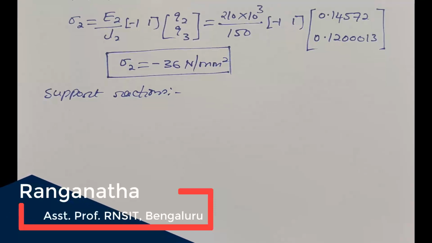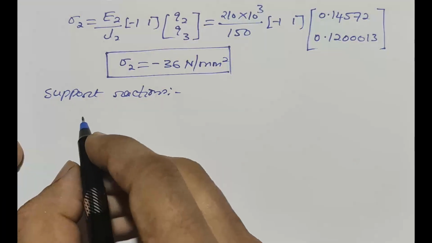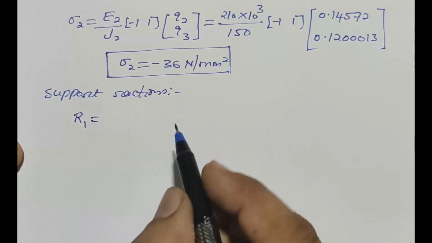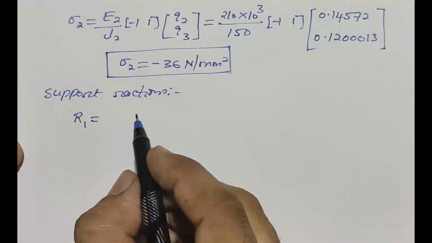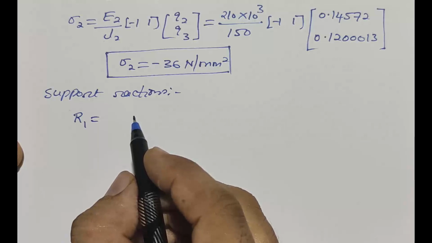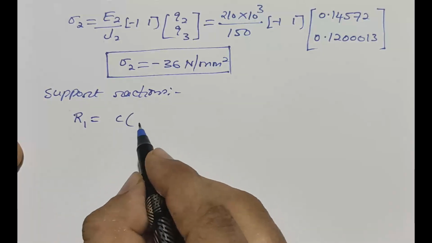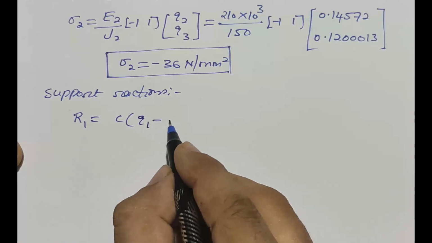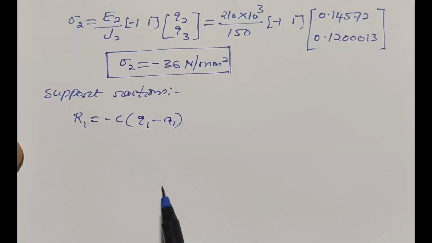That's why here the support reaction is nothing but the spring reaction or the spring force. So it is given by R1 is equal to the spring force is spring stiffness into the displacement of the spring. So spring stiffness is here C into the resultant spring deflection is Q1 minus A1. Here you have to take minus sign because it is a reaction.